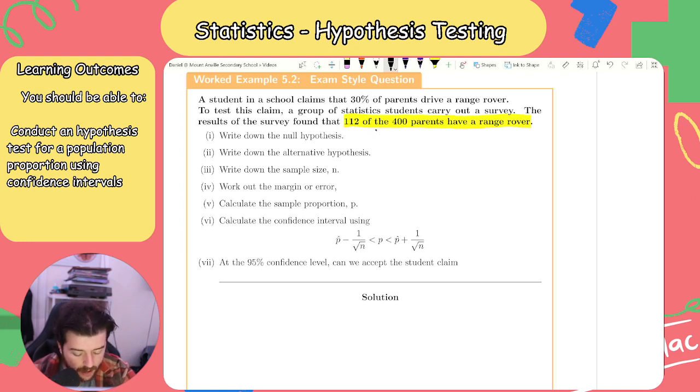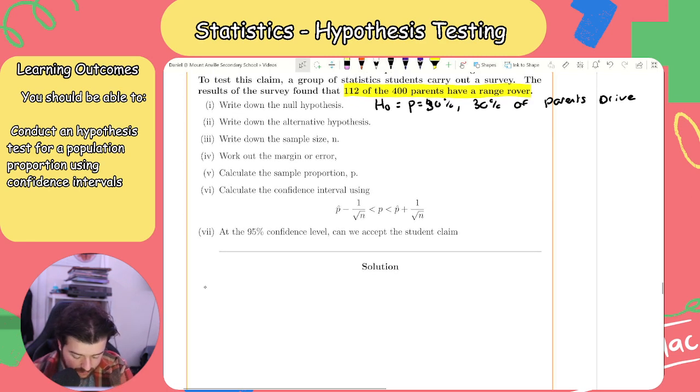My null hypothesis, H0, is that the population proportion is equal to 30%, not 40%. So there's my P: 30% of parents drive a Range Rover.